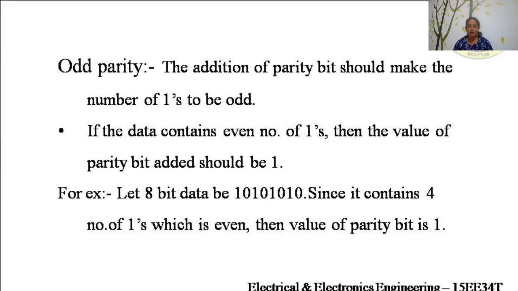Next is the odd parity. Here, the addition of parity bit should make the number of ones to be odd. If the data contains even number of ones, then parity bit should be 1 to make it odd parity.